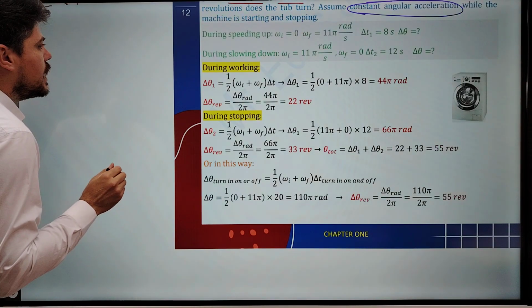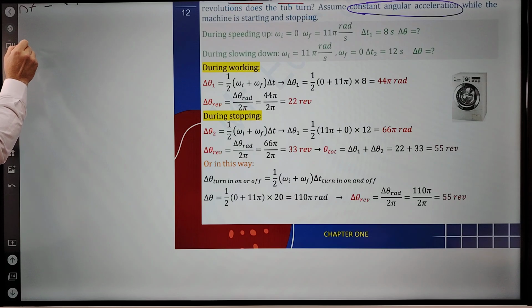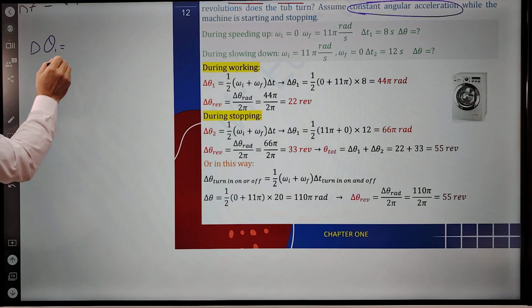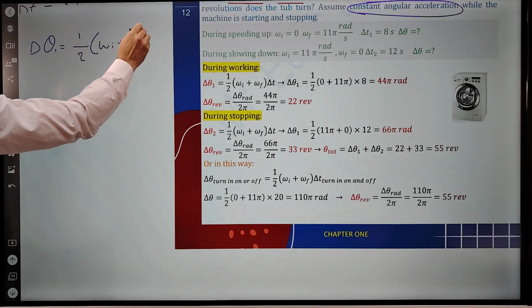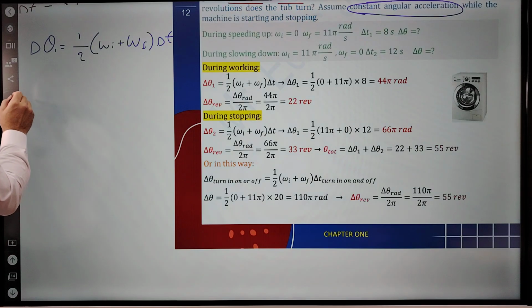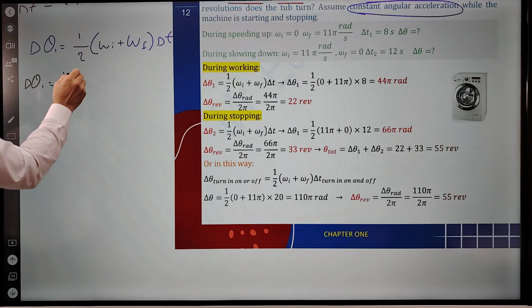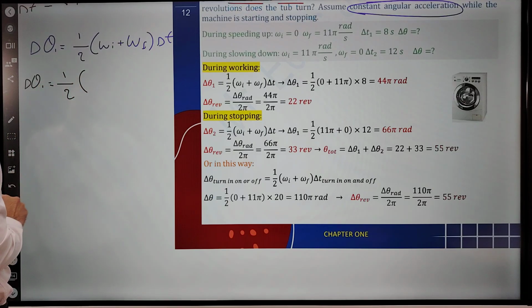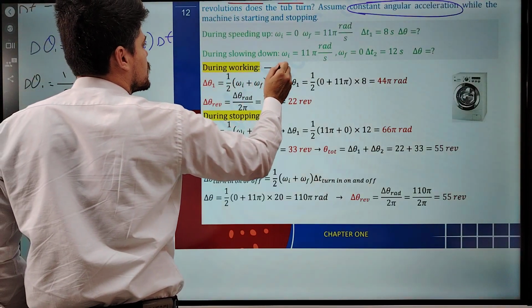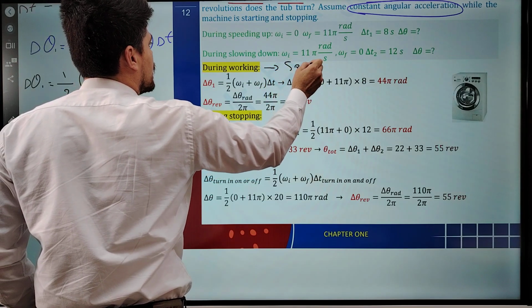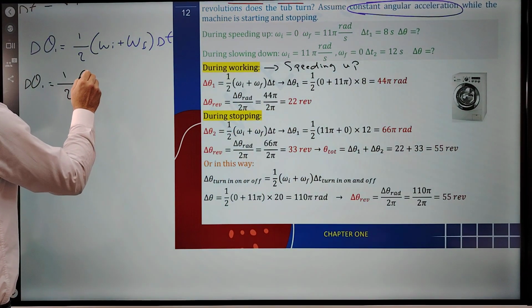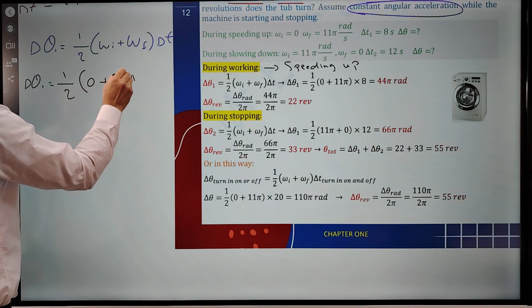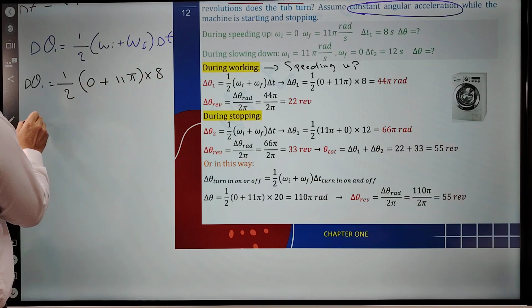during walking or during speeding up, how can you determine delta theta or theta 1? Theta 1 is equal to 1 over 2 times omega initial plus omega final times t. Theta is unknown. Omega initial in the first case, during speeding up, is 0, omega final is 11 pi, times 8 seconds.